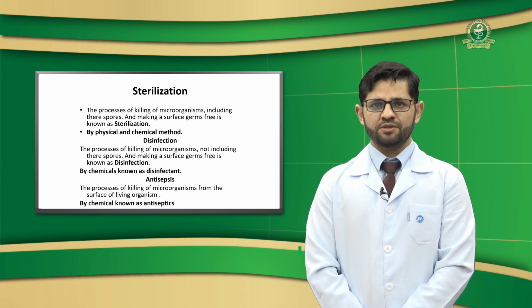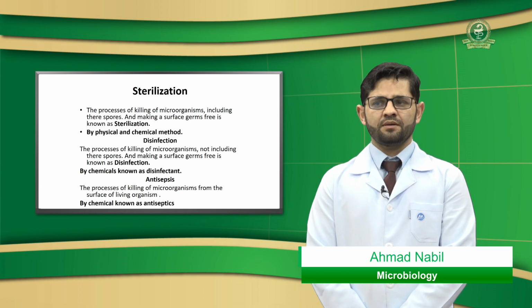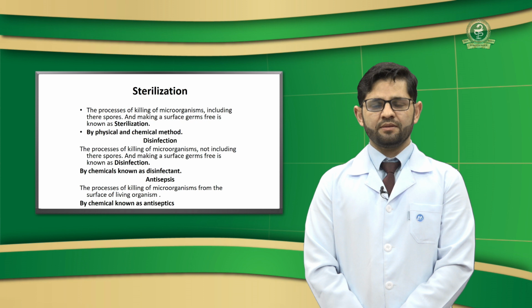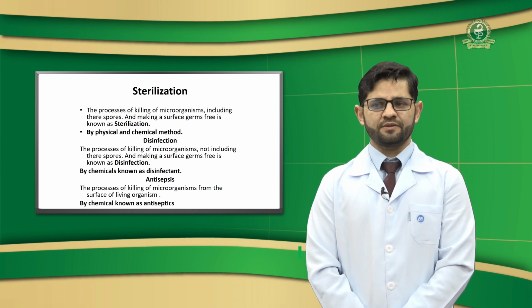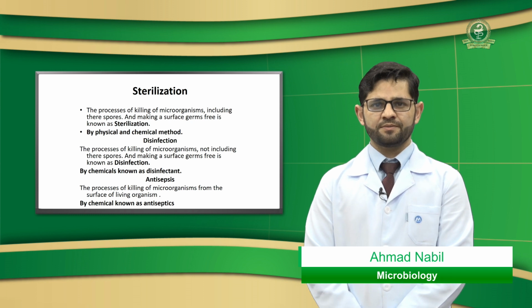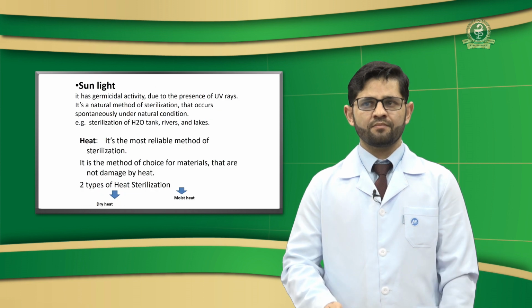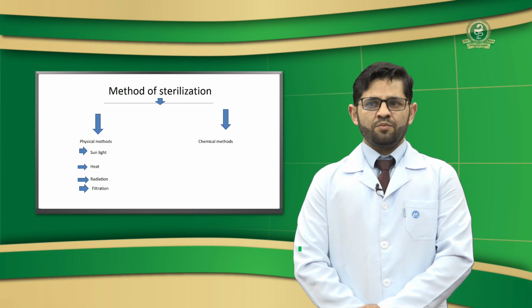In this method we can only remove the vegetative forms, and disinfection is done by chemicals, and the chemicals which are used in this process are known as disinfectants. Antisepsis is also the process of killing of microorganisms on a living tissue or cell, meaning a living organism surface, and the chemical which is used is known as an antiseptic.